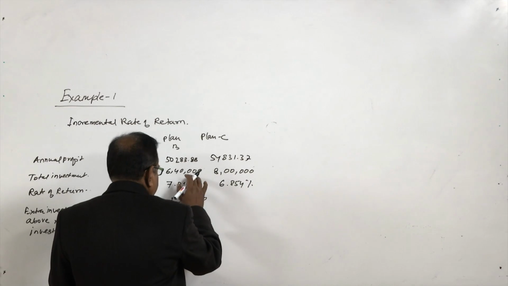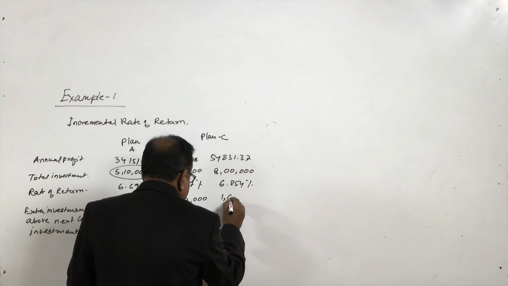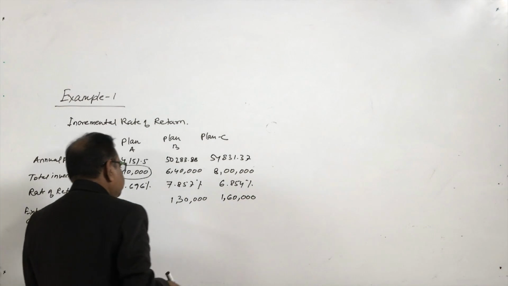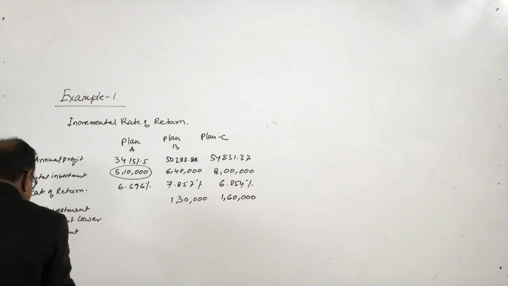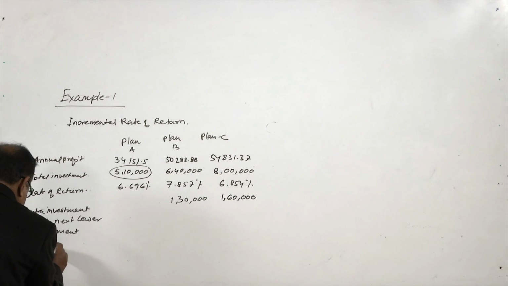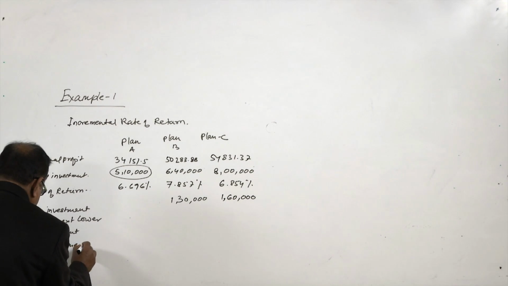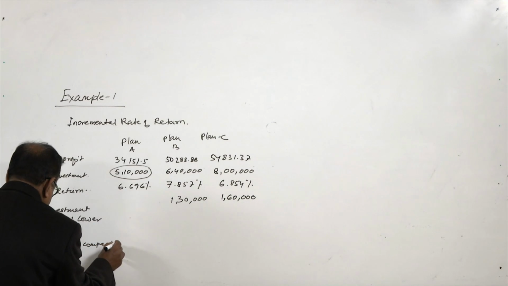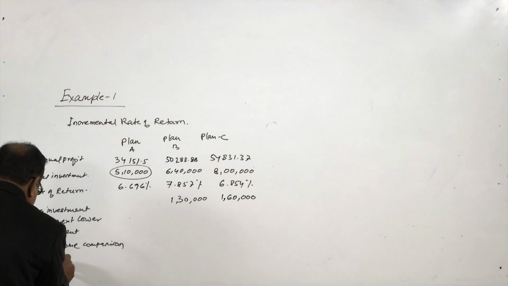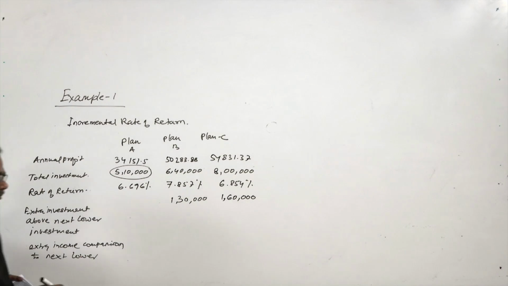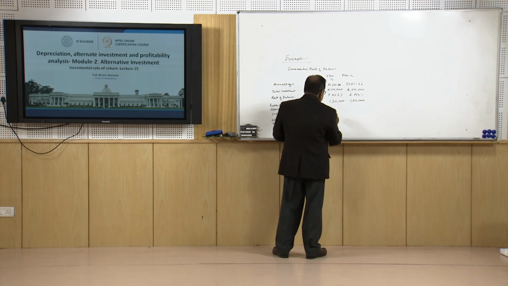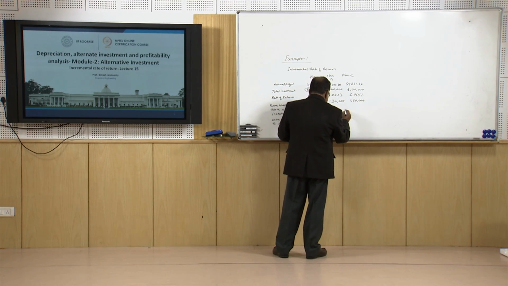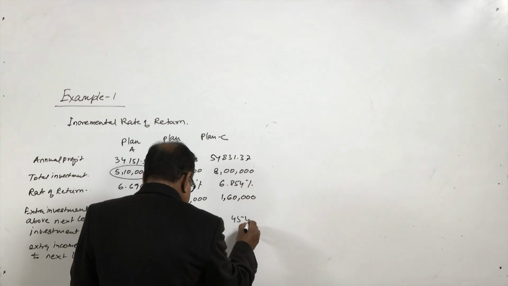If I deduct this from this, this becomes now extra income in comparison to next lower, which is 16132.33, 4547.49.